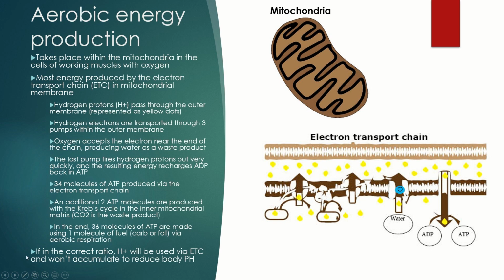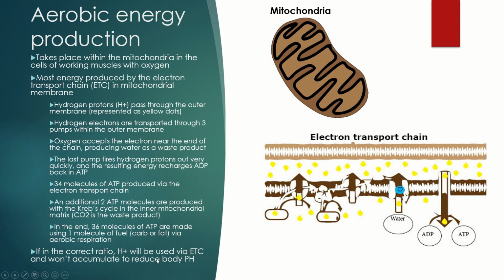So basically, if your body is producing energy anaerobically in ratio, those H+ ions, or protons as we call them, are going to be used via the ETC, the electron transport chain, and they won't accumulate out here in the cell. So if the mitochondria in your aerobic system are developed enough, it's going to be sucking in all these free hydrogen molecules, using them for their own respiration, and these don't get a chance to accumulate at a level where they cause problems, okay?